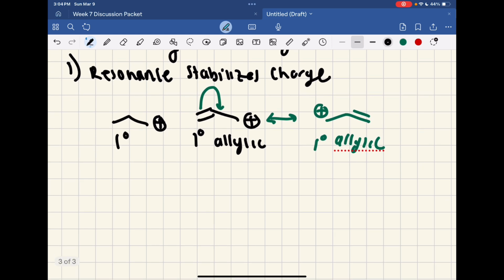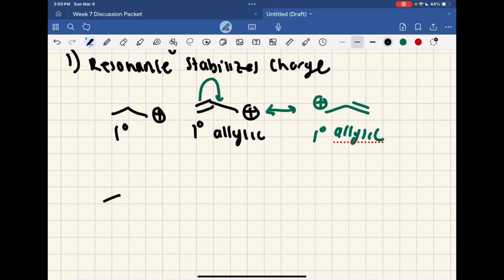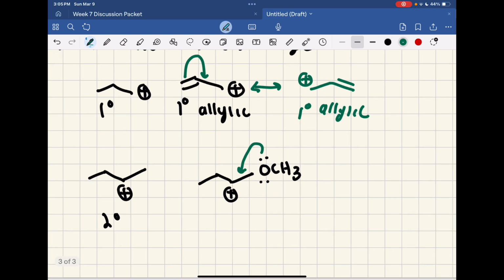I can give you another example of that. So what if I gave you potentially this secondary carbocation and then this other secondary carbocation? So essentially, this oxygen heteroatom being adjacent to the secondary deficiency allows us to donate electron density into that deficiency.